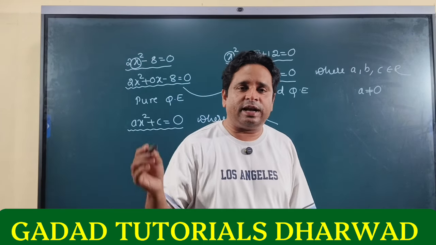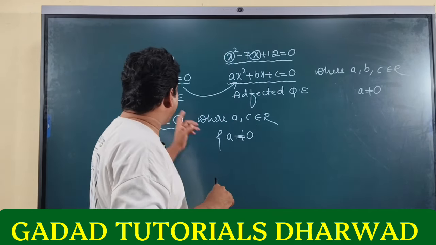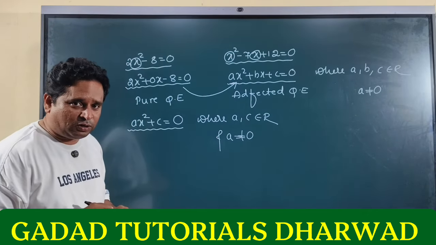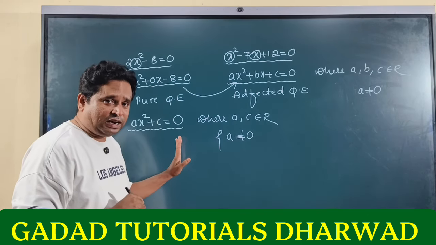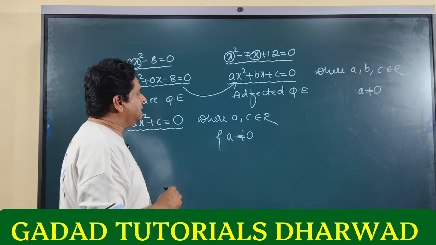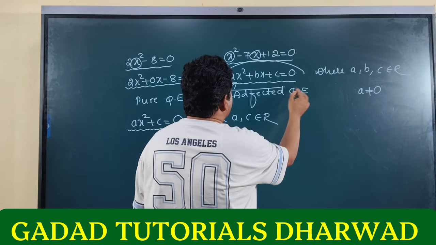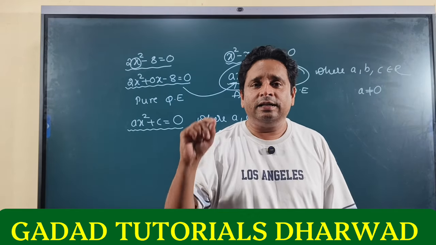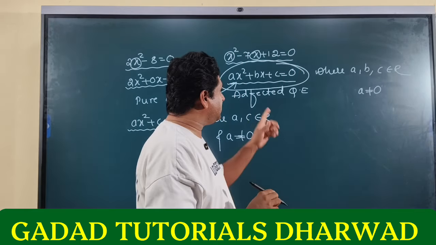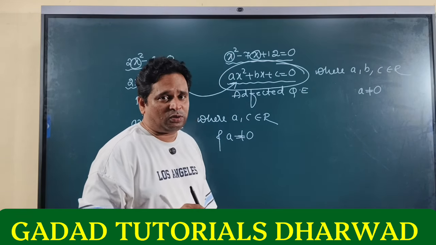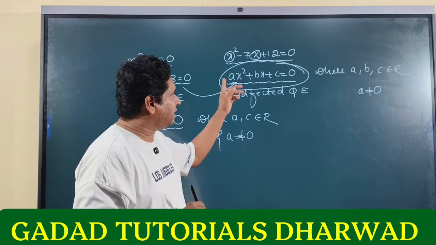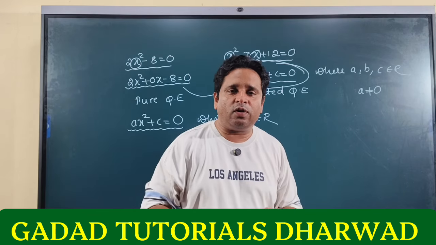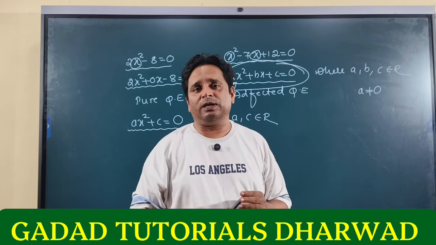That's why, in general, the standard form of a quadratic equation is ax square plus bx plus c equal to 0. Finally you can conclude that the standard form of a quadratic equation is ax square plus bx plus c equal to 0.